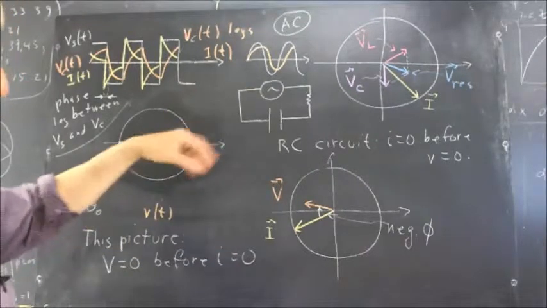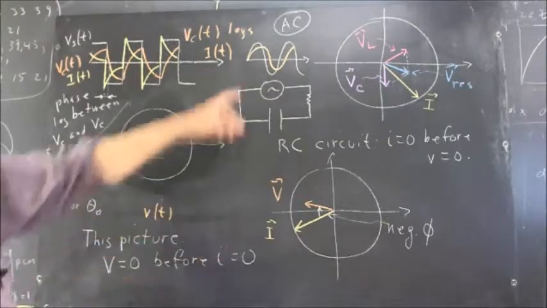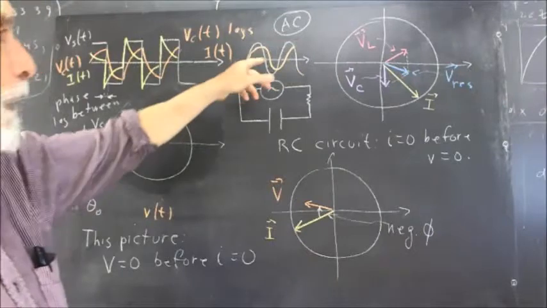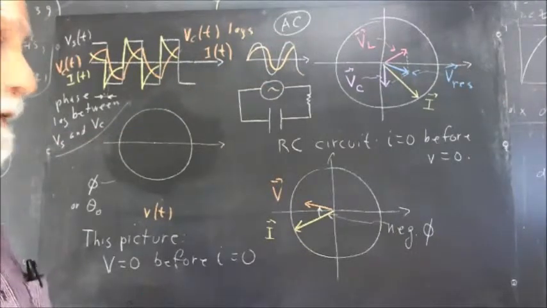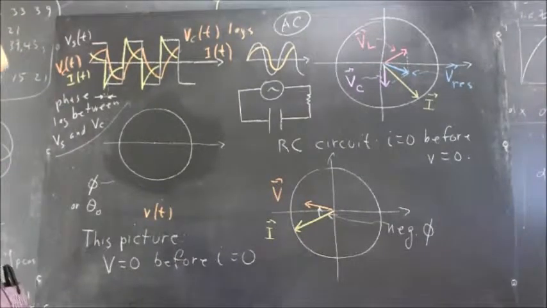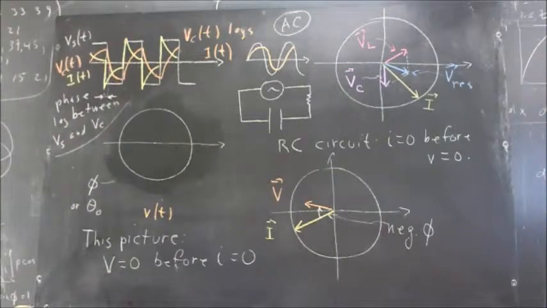That's actually a displacement current, but we're not going to get too specific with that. So how does the capacitor voltage relate to the current? So we'll do that in a minute as soon as I find my red chalk, which appears to be missing. Okay, I found my red chalk and realized I don't need it. I'm going to do the current in yellow. So let's see what happens to the current.